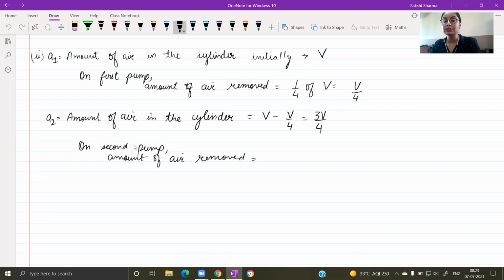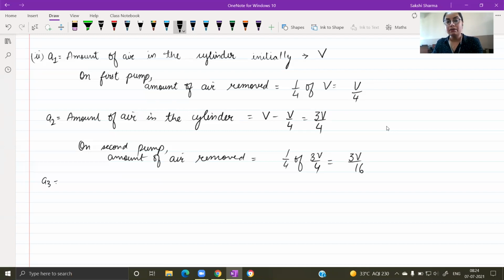I'm only asking what's the amount of air removed, not the amount of air present in the cylinder. That's right. Whatever air is present in your cylinder, 1/4 of it will be removed. So this will be 3V by 16.